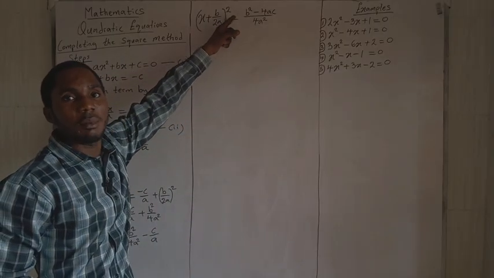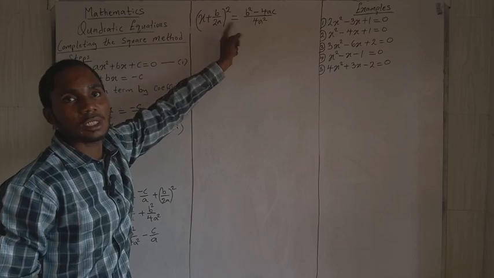We need to cancel this square by taking the square root of both sides.